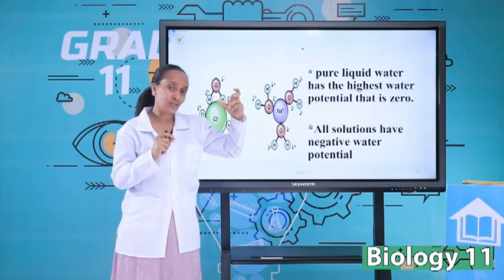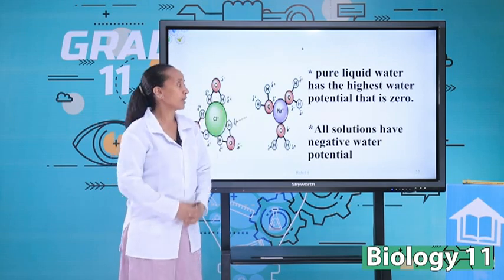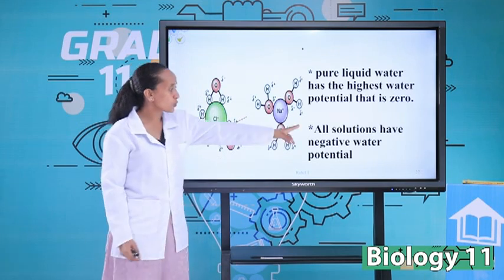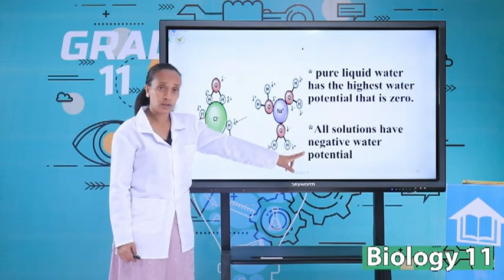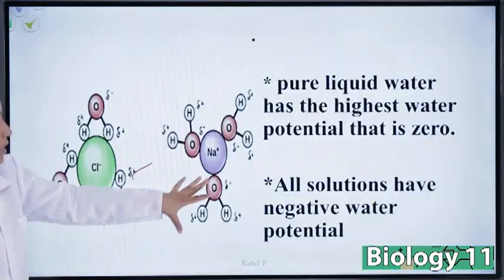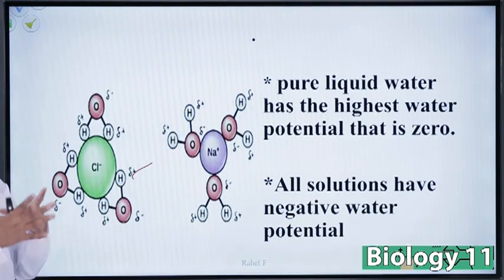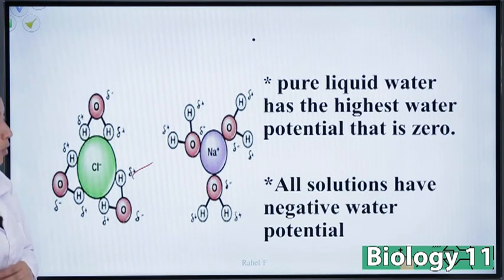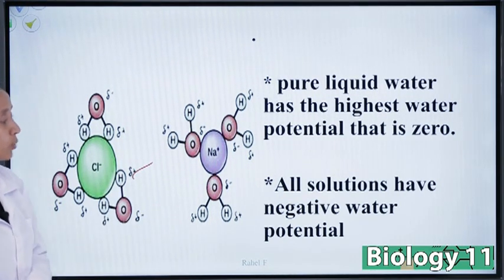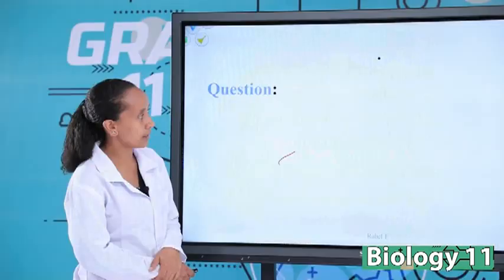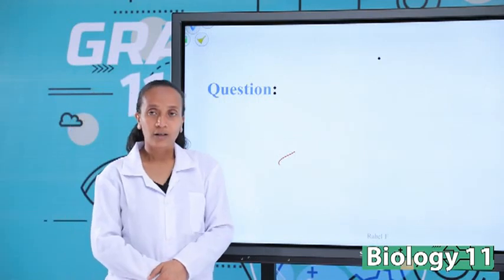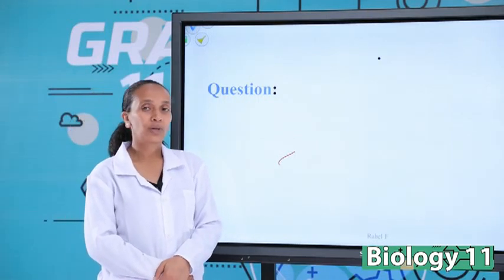Since 0 is the largest number, the rest become negative. So all solutions have negative water potential. That is because the water molecules bind with solute particles and decrease the number of free water molecules in the system.